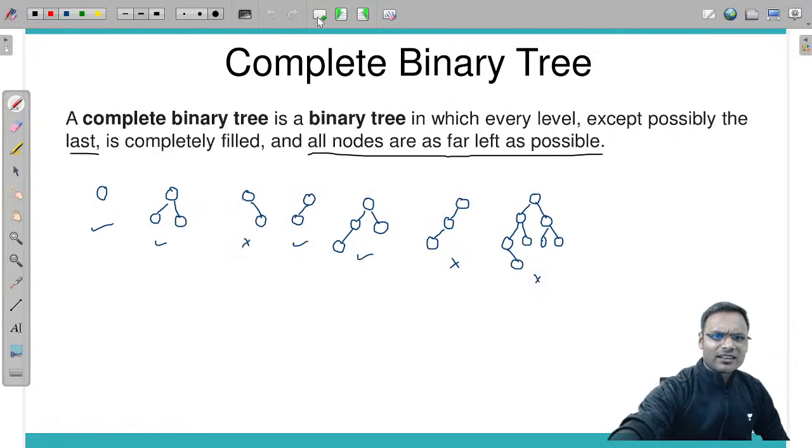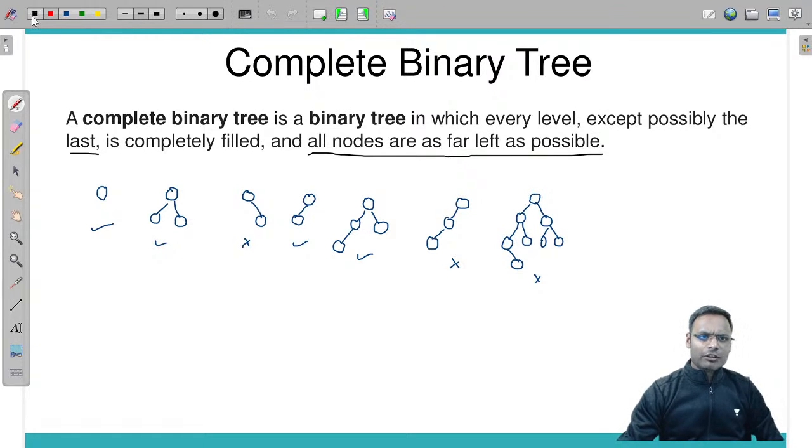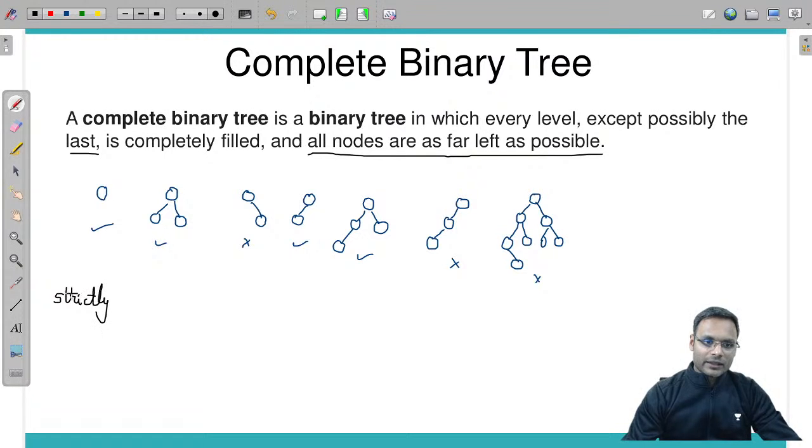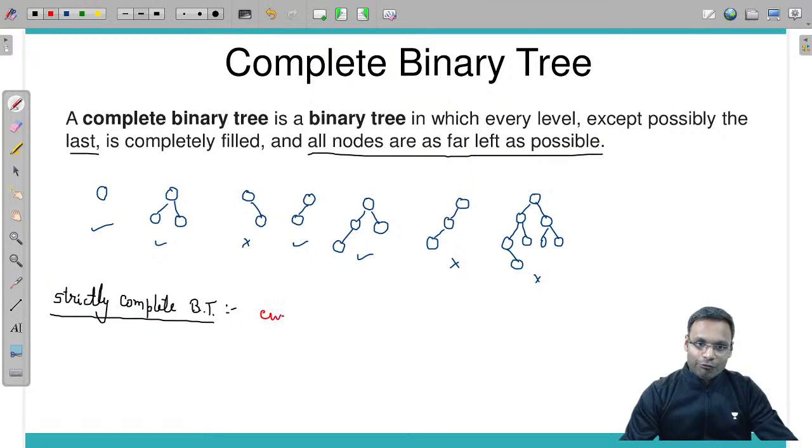Now there is another definition related to the complete binary tree, which is called the strictly complete binary tree. What does this strictly complete binary tree say? It says that every level, including the last one, should have the maximum number of nodes.